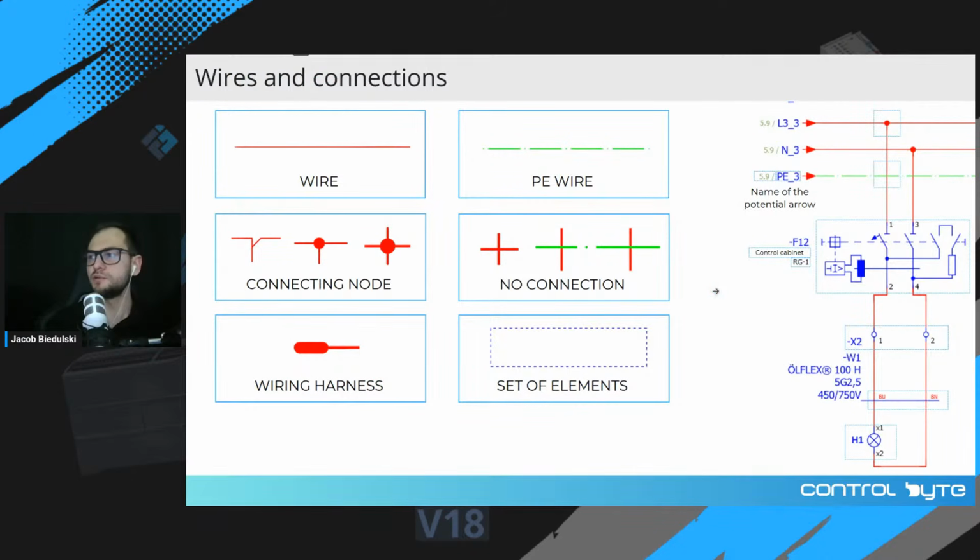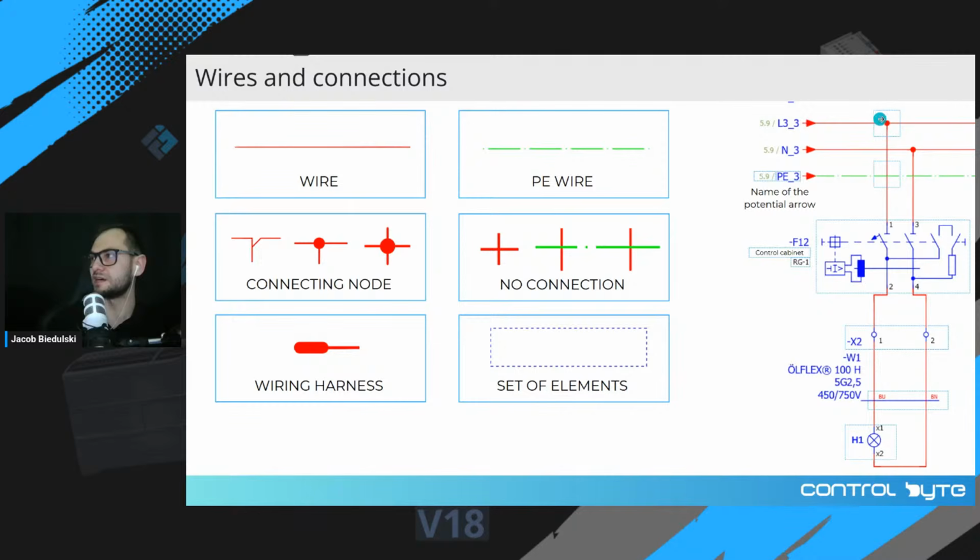So if you take a look at the wires and connections for the electrical diagrams, you will find different symbols. You should pay attention and distinguish wires, potential earth wires. They are a little bit different. You will find connecting nodes. Also, pay attention that if there are no dots or a special combination like this here, there are no connections.